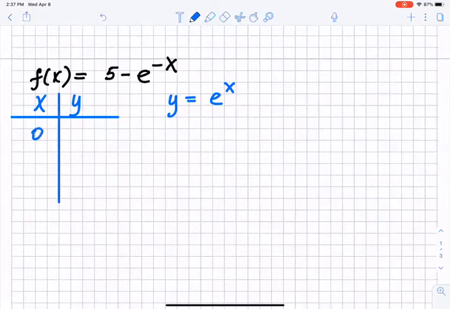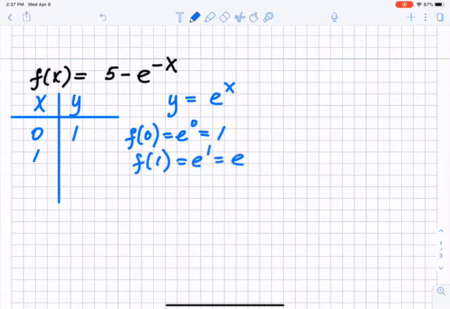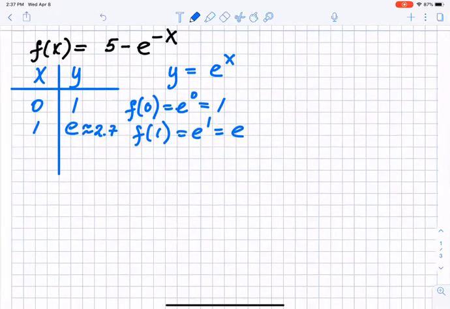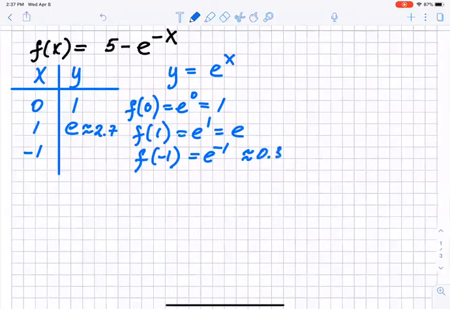If you plug in 0, what do you get? f of 0, e to the power of 0 is 1, right? Let's plug in 1. f of 1, e to the power of 1, is e, which is approximately 2.7. If you plug in, let's say, -1, e to the -1 is approximately 0.37.